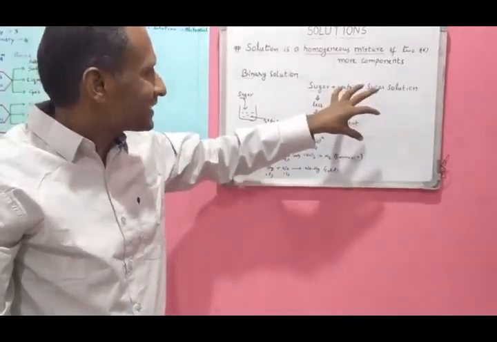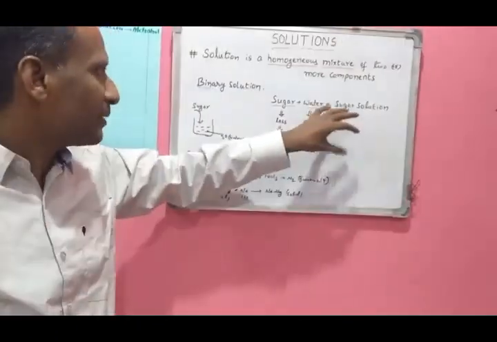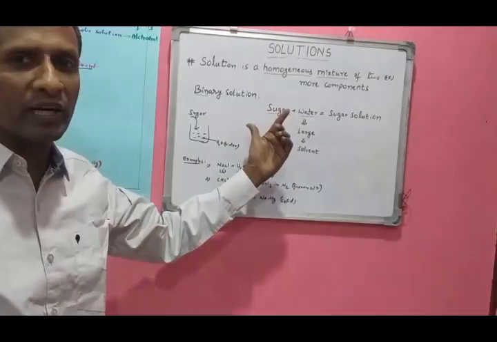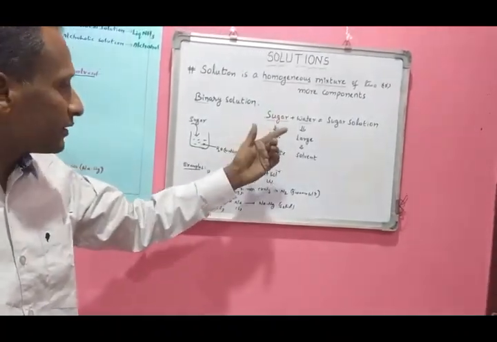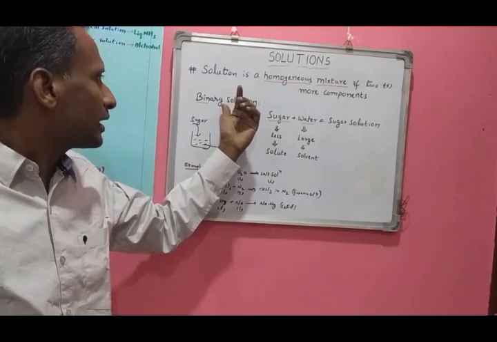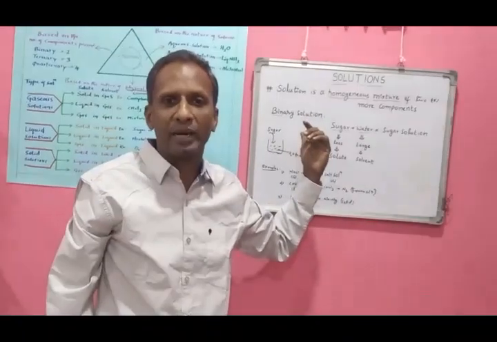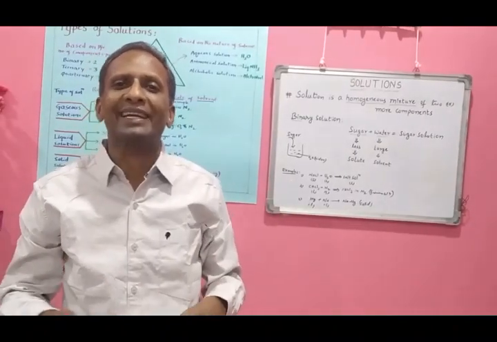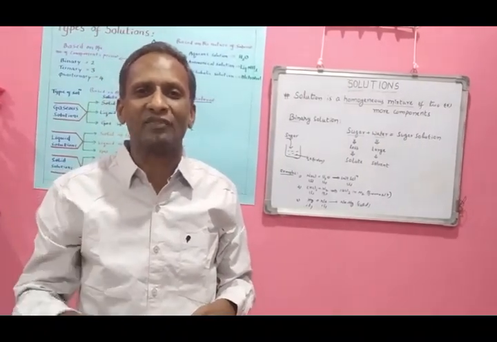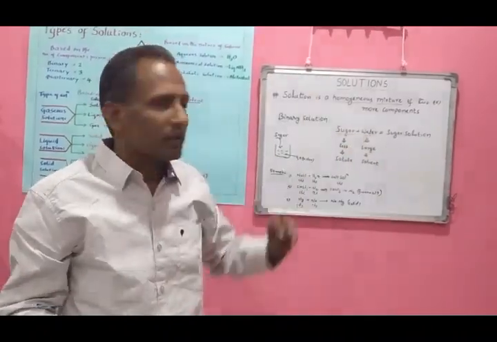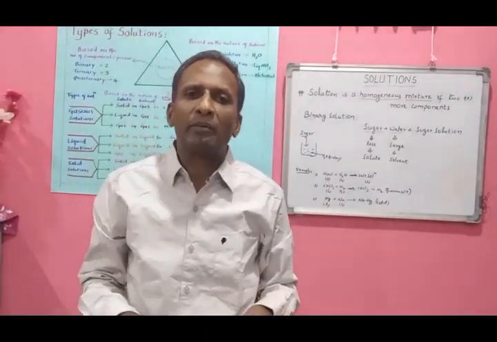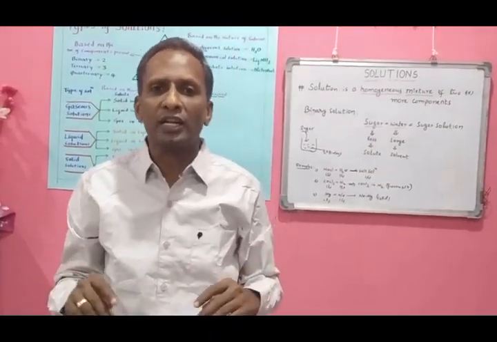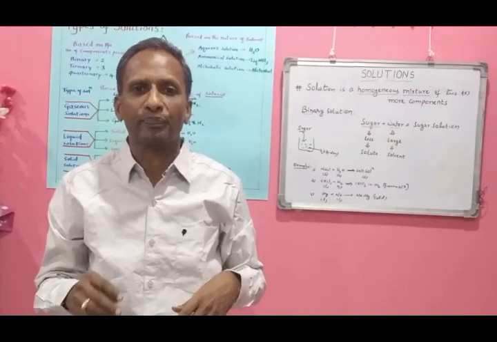Moreover, in this resultant mixture, we have only two components. Therefore, it is also said to be a binary solution. The name itself indicates, bi stands for two. Usually, most of the solutions we come across are binary solutions only.